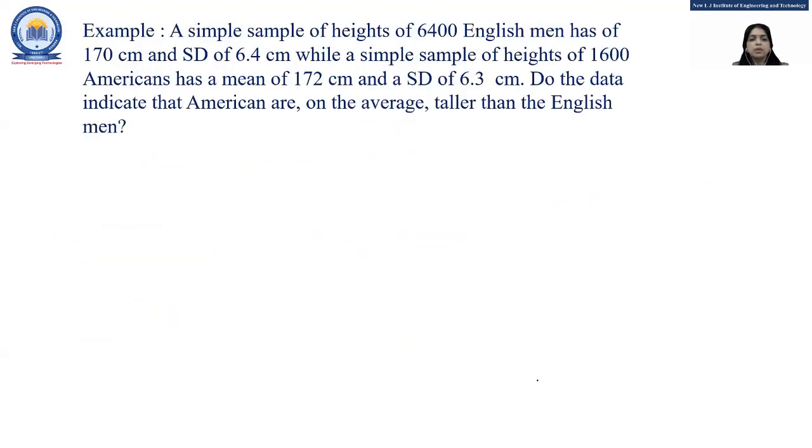Let's check. A simple sample of heights of 6,400 Englishmen has a mean of 170 centimeter and standard deviation of 6.4 centimeter, while a simple sample of heights of 1,600 Americans has a mean of 172 centimeter and standard deviation of 6.3 centimeter.